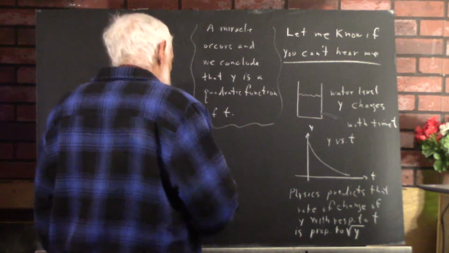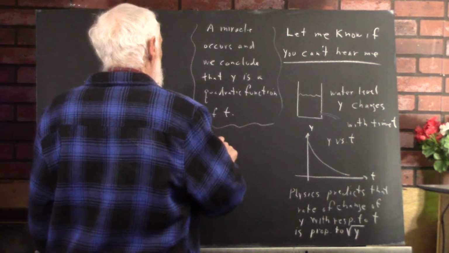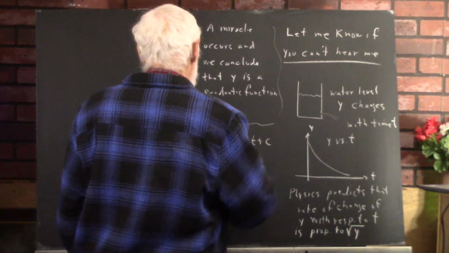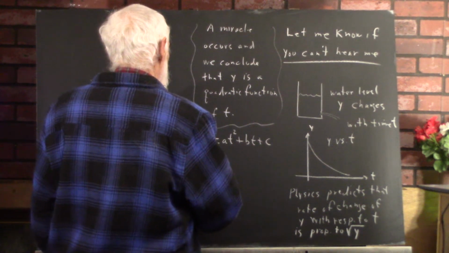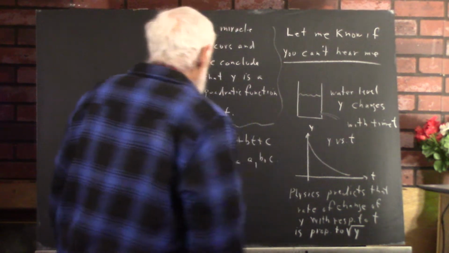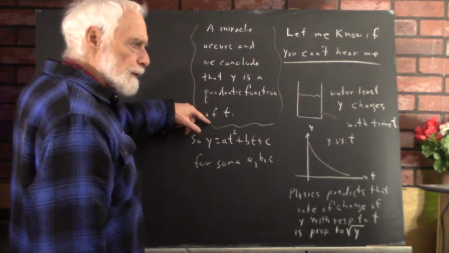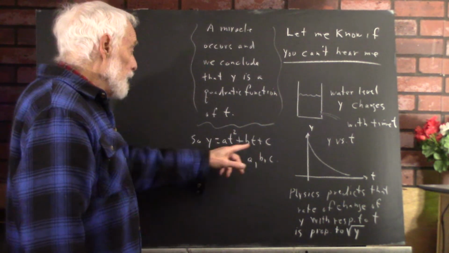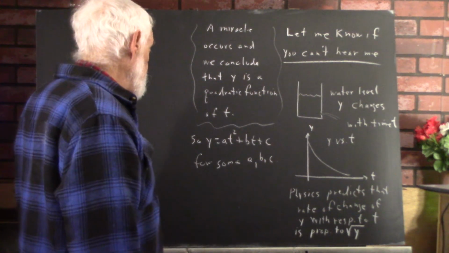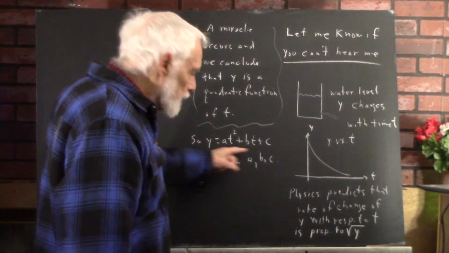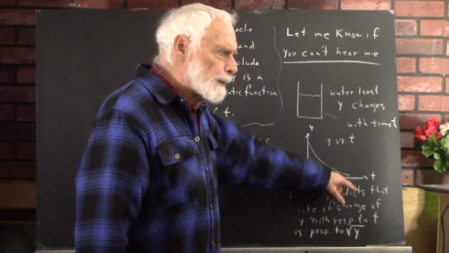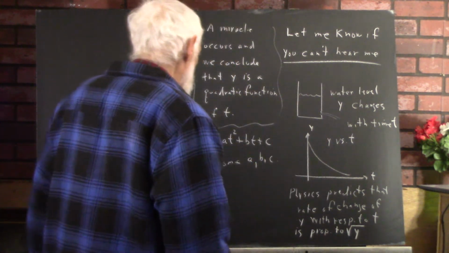The application here: if y is a quadratic function of t, then that means y equals at squared plus bt plus c for some a, b, and c. And that means if we find this function, we could, for example, predict the vertex of this parabolic graph, because this graph is now parabolic.